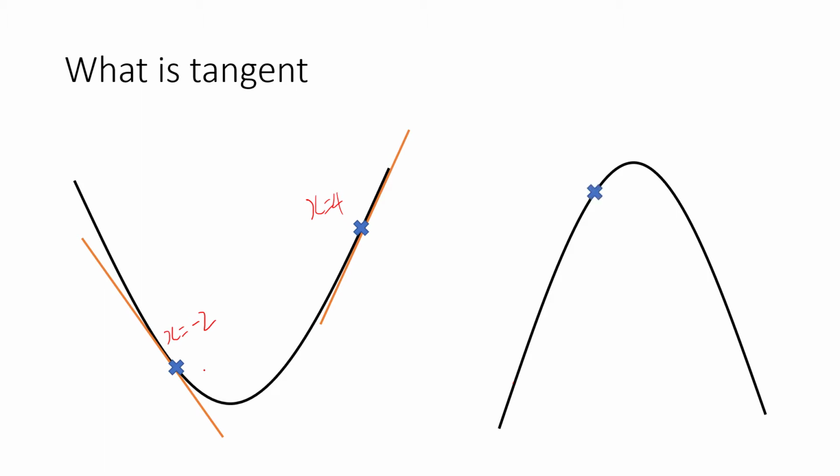How about if the question asks us to find the gradient of the curve at x is equals to that? Is this line okay? No, it's cutting through the curve again. It is not supposed to cut through the curve. It is just supposed to touch the curve like this.